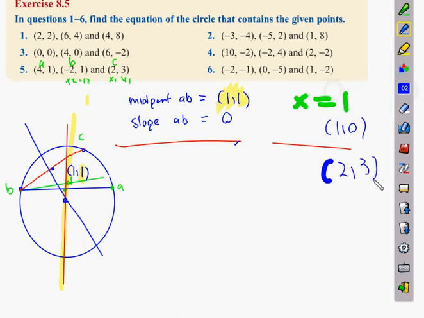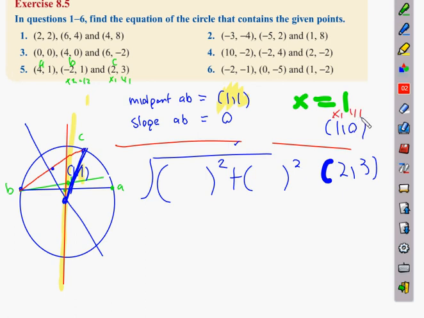So it's the centre of the circle to the point C. We're going to find our radius right now. So it's going to be the square root of 2 minus 1 squared plus 3 minus 0 squared. Put it into the calculator, and we're going to get root 10.